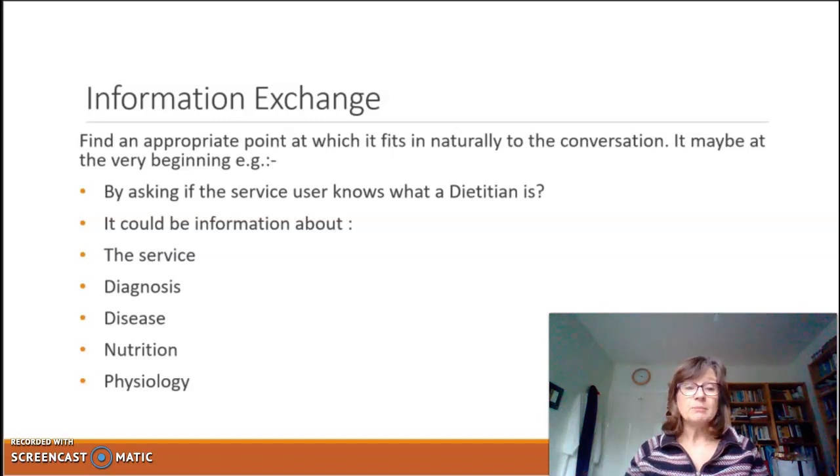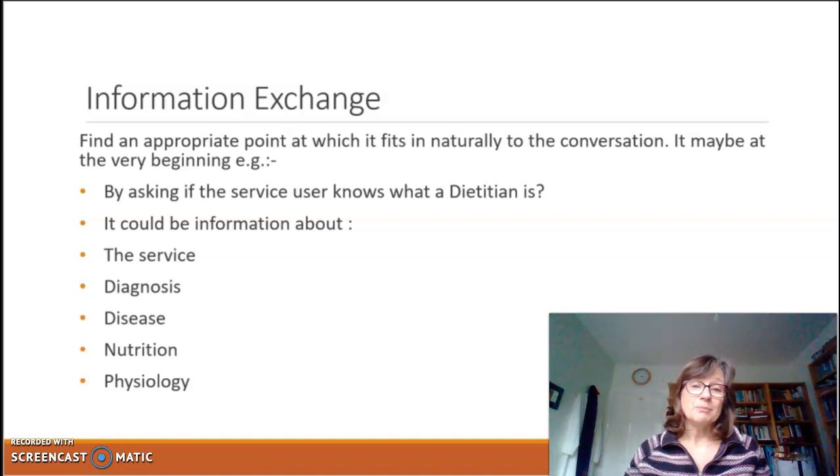It might be at the beginning. It might be that you want to explain to a service user about the role of a dietitian because they're not aware of it. It could be you're explaining about the service or how the consultation is going to go. It might be the explanation of diagnosis, which we're going to look at.